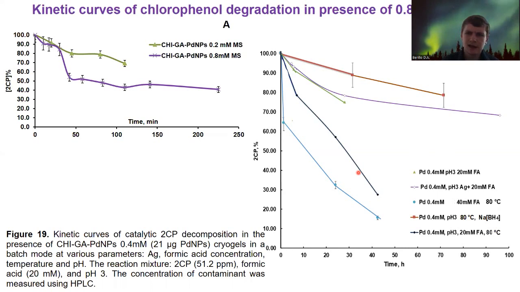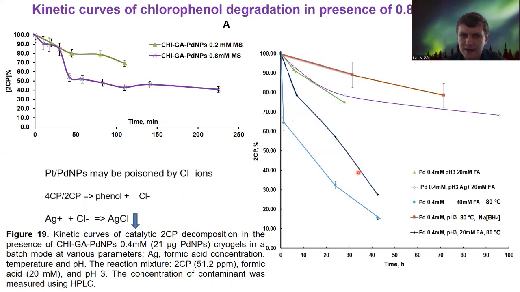Again, we tried to apply gas chromatography for monitoring of concentration of products, and we observed an incomplete conversion of chlorophenols. In order to optimize conditions, we assumed that probably we have a poisoning of palladium with chloride ions, and we introduced silver ions that can combine with the chloride ions and precipitate with the formation of silver chloride.